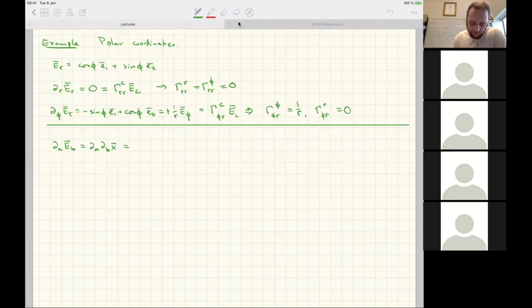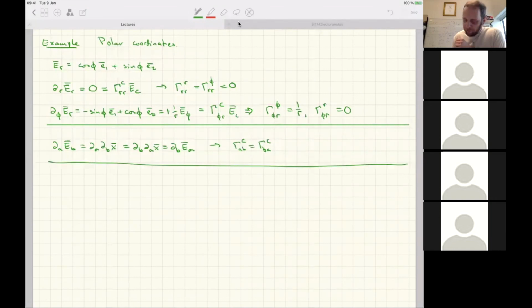And since we are physicists, we assume that everything is nice, that these partial derivatives commute, and we end up that it is equal to dB EA, which means then that if we look at the Christoffel symbols, gamma ABC is equal to gamma BAC. So what I wrote was just hasted, not wrong.